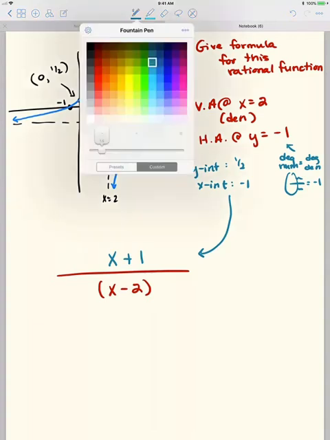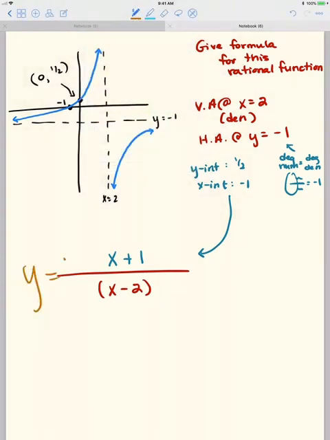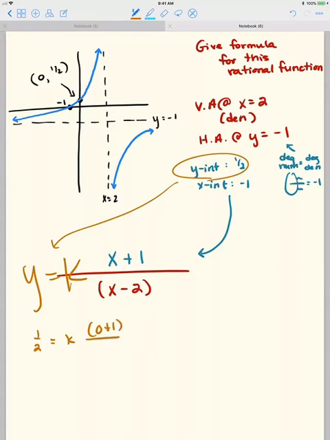So the only thing that we're really missing is this constant. So if I use my y-intercept of half, 1/2 equals k times 0 plus 1 over 0 minus 2, you'll see that the constant is going to have to be -1.